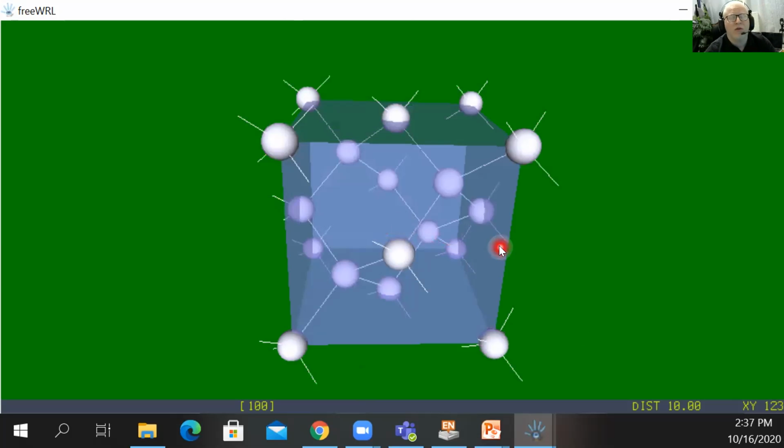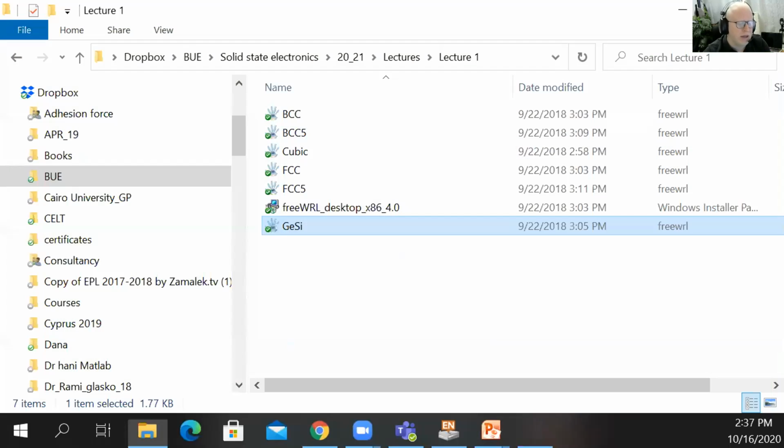So this is the tetrahedral configuration. This is one of the most famous configurations because it's the configuration for silicon, germanium, and all other fourth group atoms, as we will see. But in our course, silicon still is the most important material for our study.